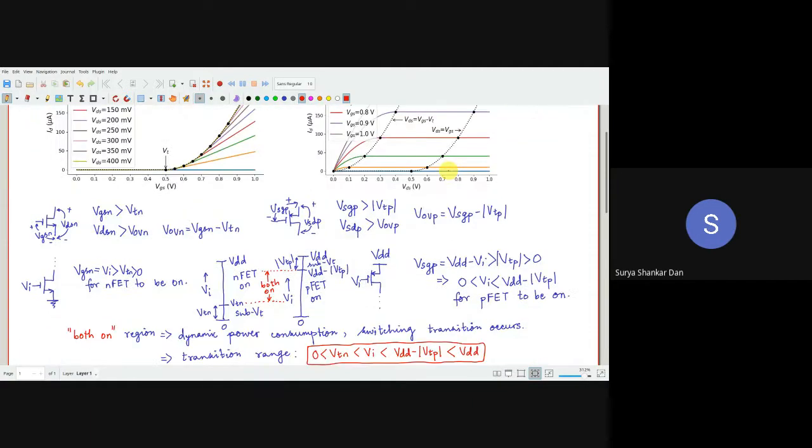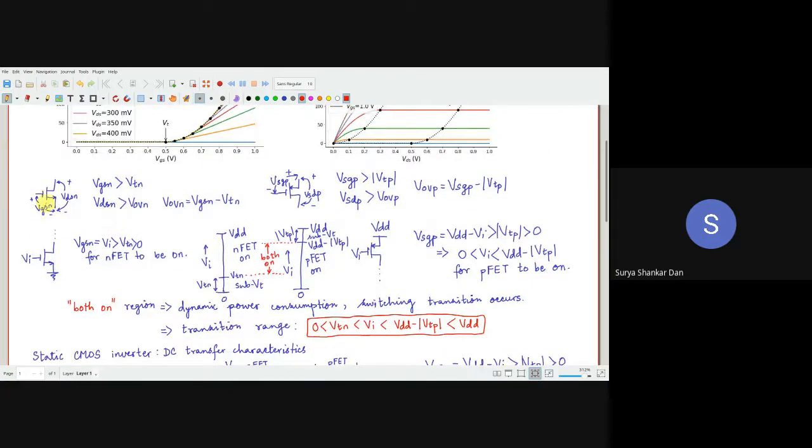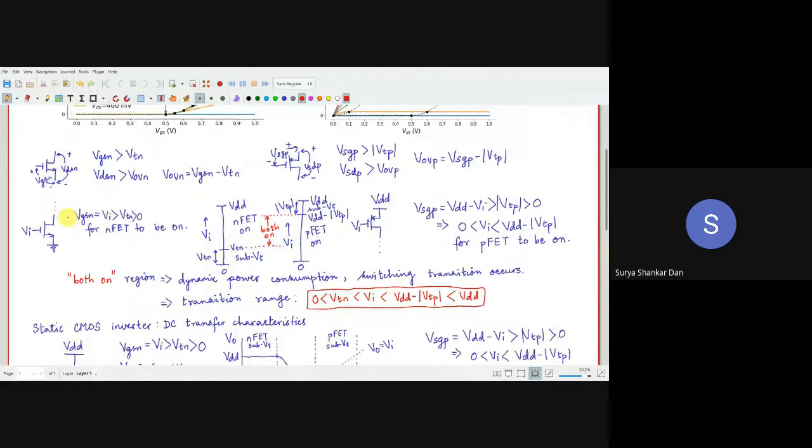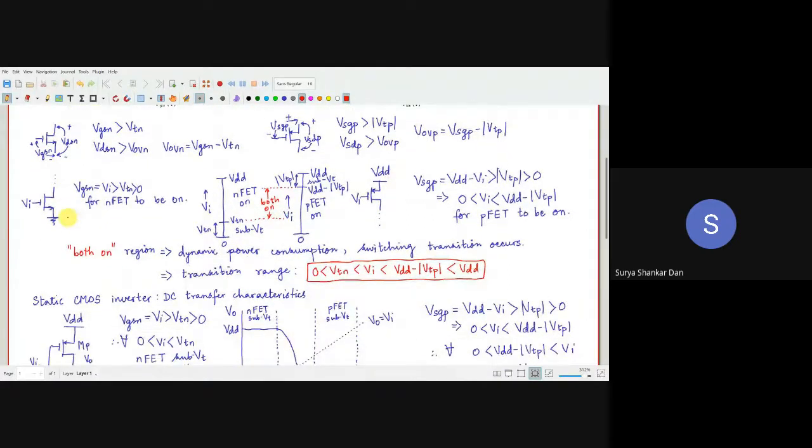Then, what we did in our previous class, we figured out the various terminal potentials across the transistor, and from there, we established what happens when we change the input voltage applied at the gate terminal of the PMOSFET as well as the NMOSFET.